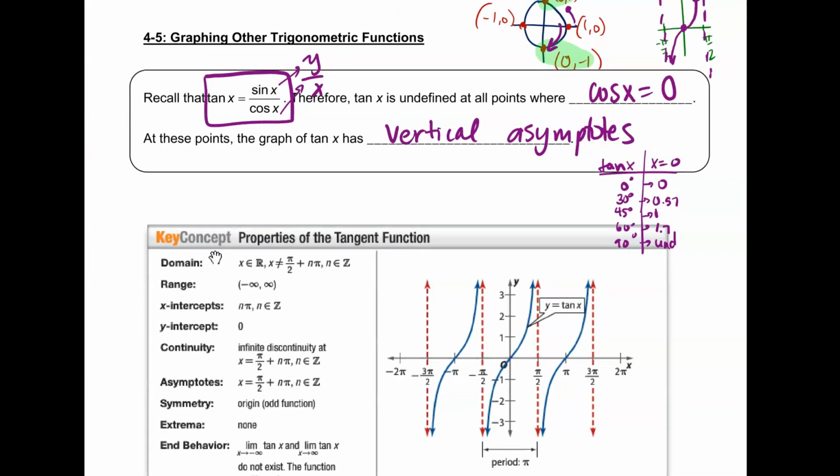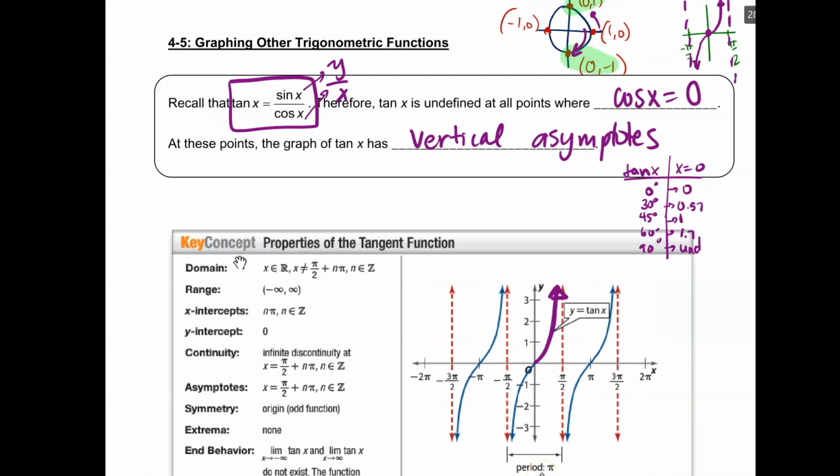I just wanted you to see it increasing in that first quadrant. It almost looks like a cube function. And notice the period is pi. So I have these vertical asymptotes, and it repeats every pi.